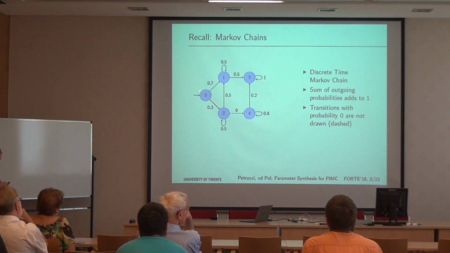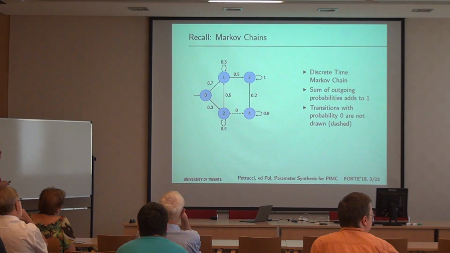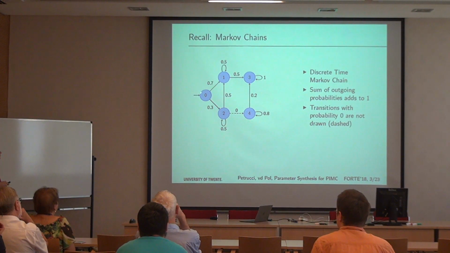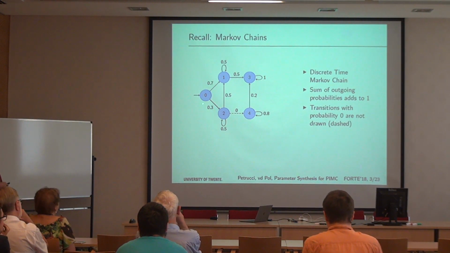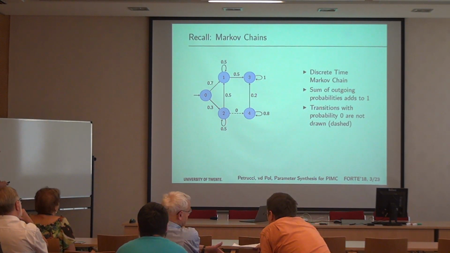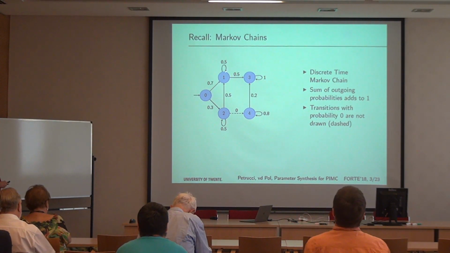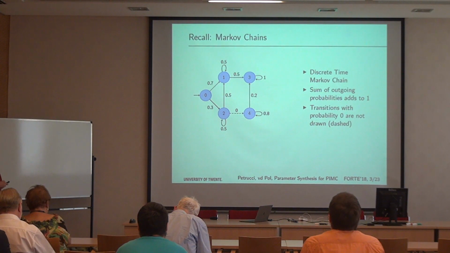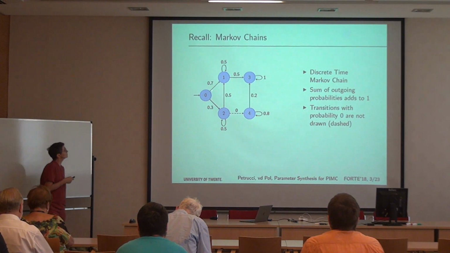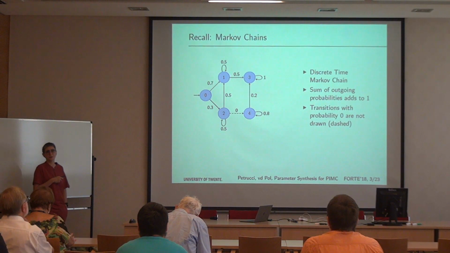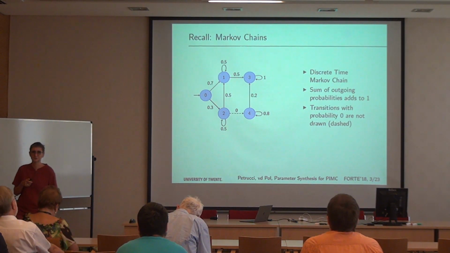If you look at node 0, the outgoing arcs are labeled with 0.7 and 0.3, which adds up to 1. From 1 to 3, it's 0.5. You have a self-loop on 1, which is also 0.5. So from state 1, you have a probability of 1/2 to stay in 1, and a probability of 1/2 to go to 3.